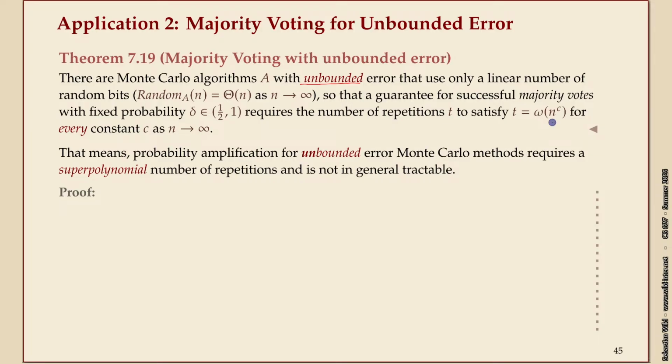So there's no way to turn an unbounded error Monte Carlo algorithm into a bounded error Monte Carlo algorithm while keeping the running time polynomial. We're basically just showing here that the trivial way to do it fails. It's not actually supporting my statement, but we'll come back to that in the next unit.